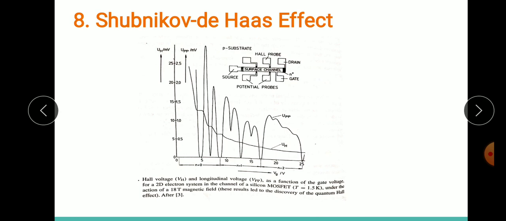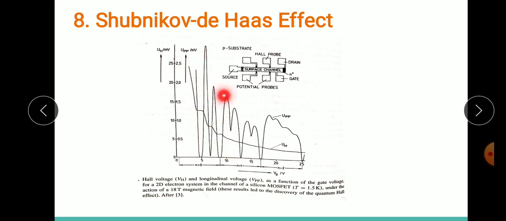So I am taking a plot of the gate voltage against my Hall voltage and the potential difference between the probes. What I am doing is just studying the effect of the SDH effect on a two-dimensional structure. So what is observable? We can see that there are continuous oscillations. This is your UPP, the potential difference between the probes, and this is your Hall voltage.